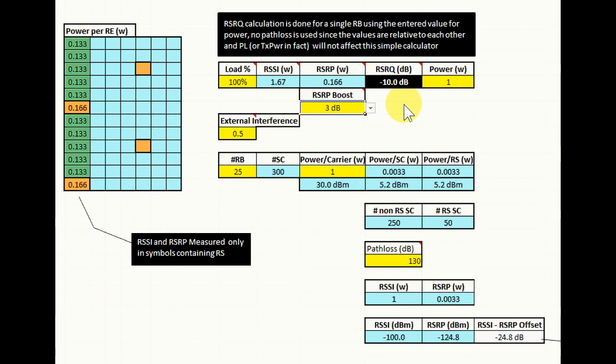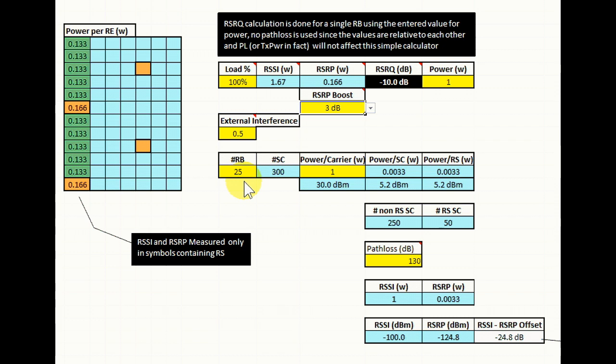Now there's another thing that we're looking at in this particular spreadsheet, and this really relates to the tables that you can see at the bottom here. When you're actually in the field taking measurements, it will be apparent that there is a very large difference between the actual RSSI that you measure and the RSRP. So to try and model that in a slightly more realistic fashion, what I've got here is an input of the number of resource blocks.